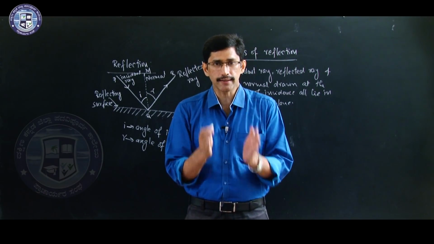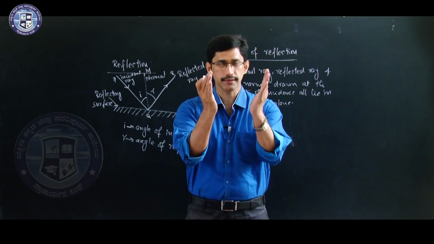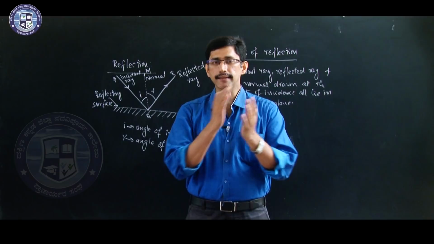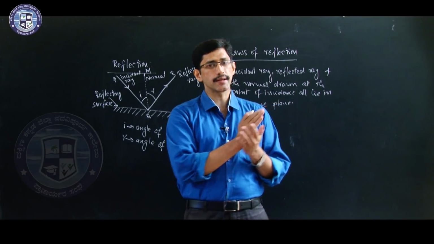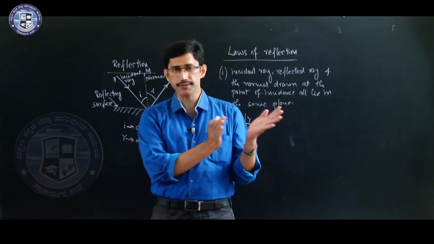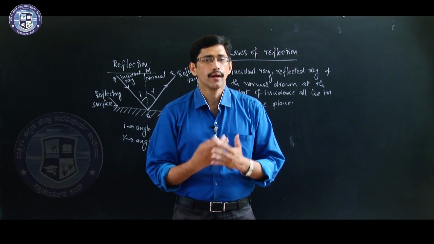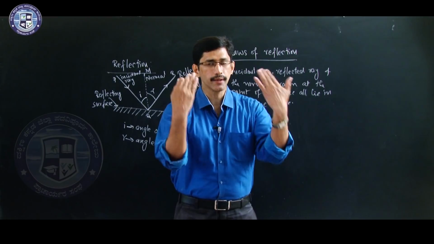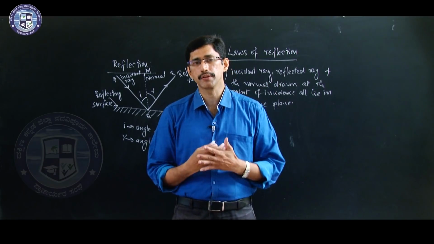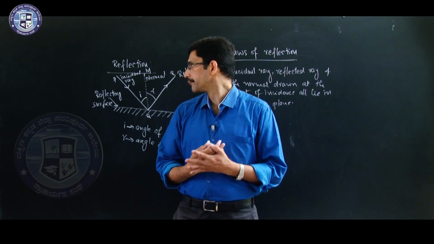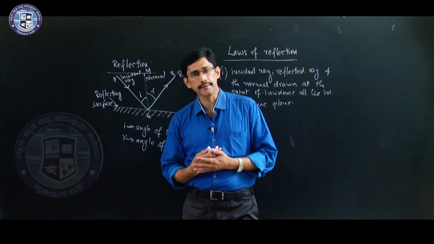But there is a lateral inversion: left appears as right and right appears as left. Whatever the height of the object is, you will get the same height with the image also. The image height and the object height are equal in the case of a plane mirror.